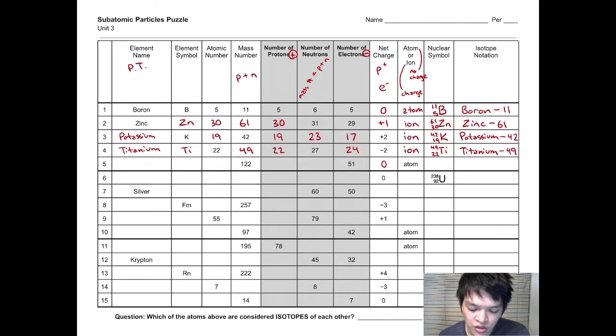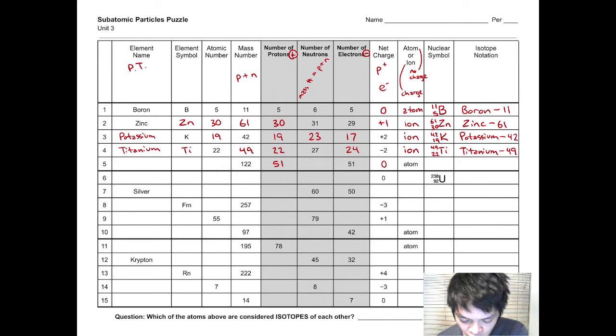If the net charge is 0, and I know that the number of electrons is 51, there has to be the same amount of positives and negatives for it to be 0. So there actually has to be the same amount of protons as my electrons, right? Hope that makes sense. So I know it's an atom, meaning a net charge of 0. If there's 51 electrons, the only way for the net charge to be 0 is if there's also 51 protons.